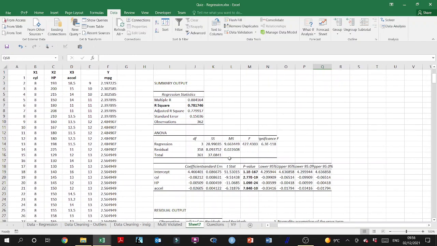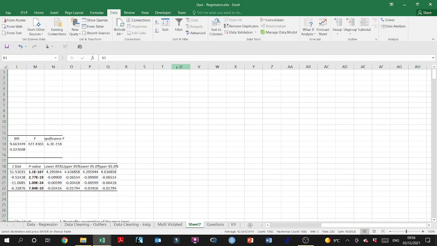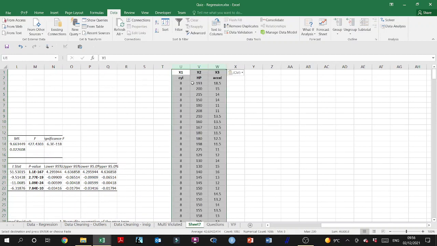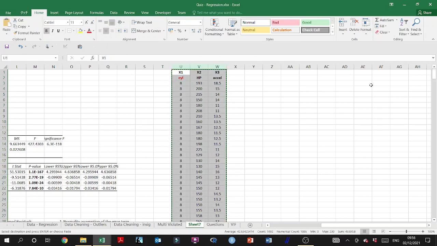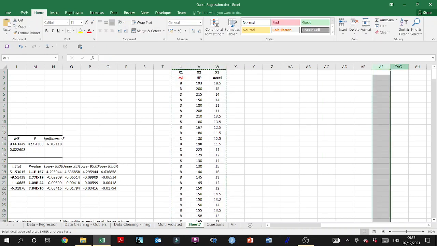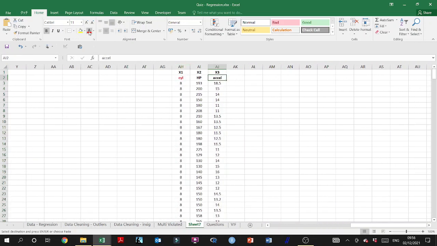So the next part is to find the VIF. This time I'm going to do the VIF in the same sheet. I don't want to open up so many sheets, right? So the first VIF will be the VIF for this guy here. And the second VIF will be the VIF of this guy over here instead.